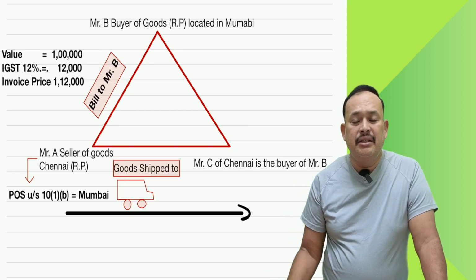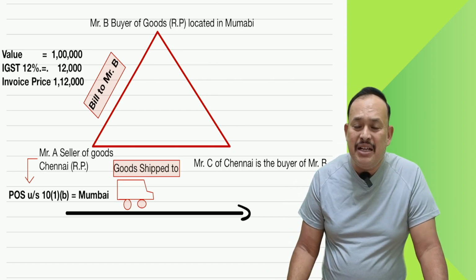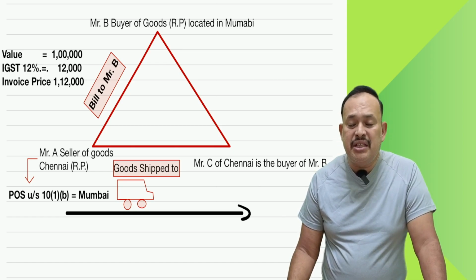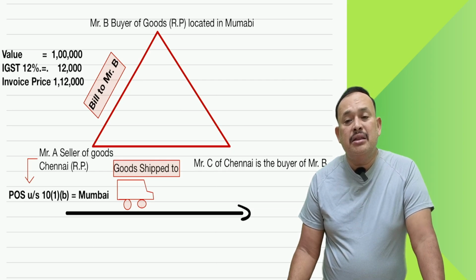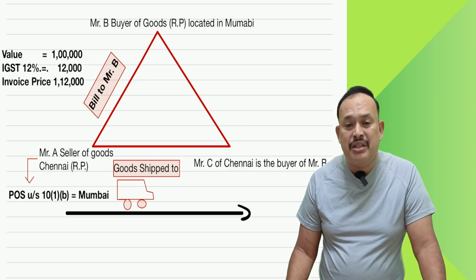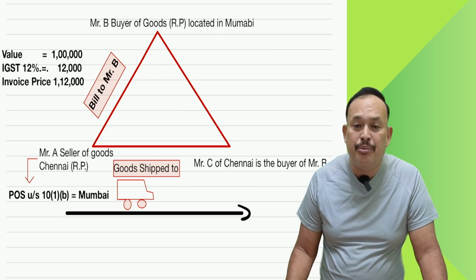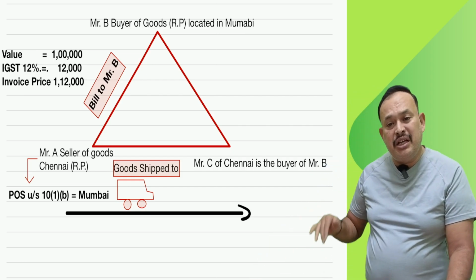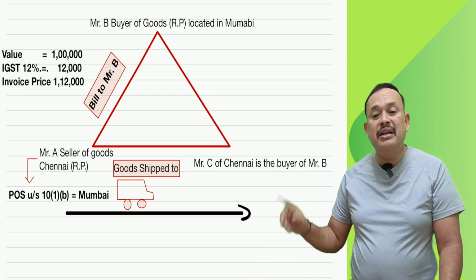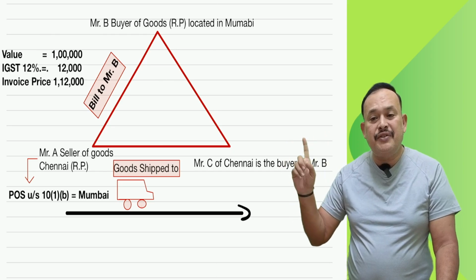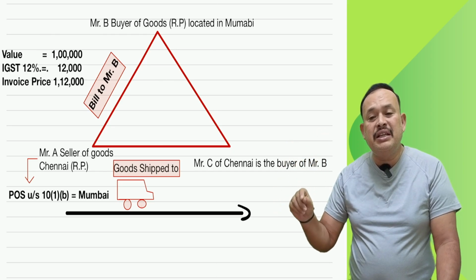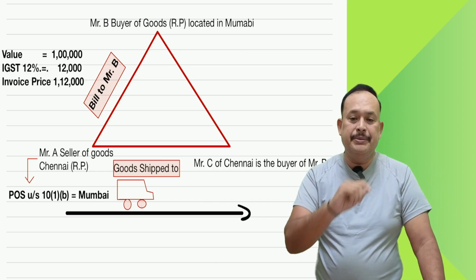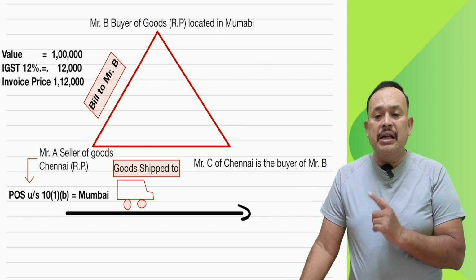Upon the direction of Mr. B, goods are sent to C. So for seller A, the principal place of business of a third person means the place of business of Mr. B is to be considered. Though the goods are moving from Chennai to Chennai only, it is IGST, because the place of supply goes to the location of the principal place of business of a third person. That's why. Got the clarity?